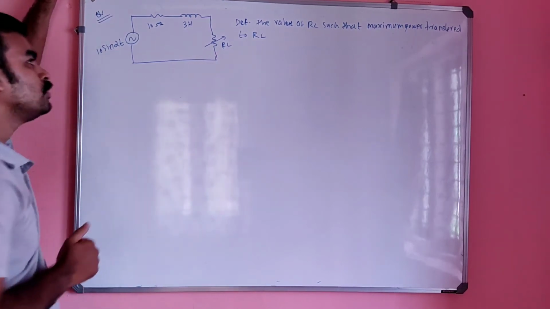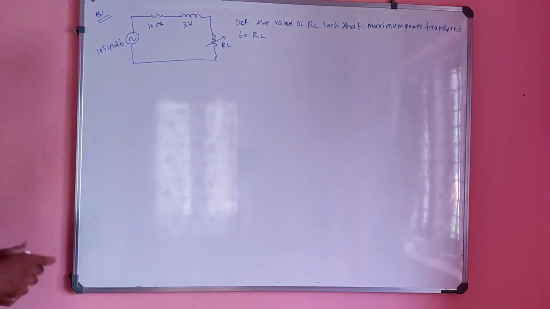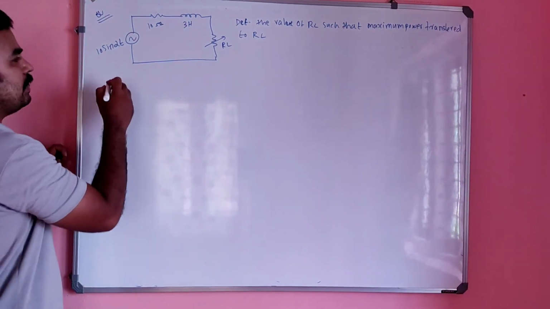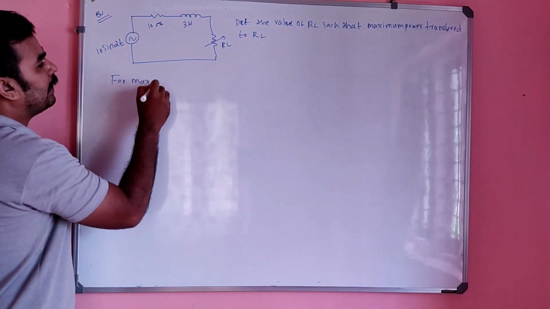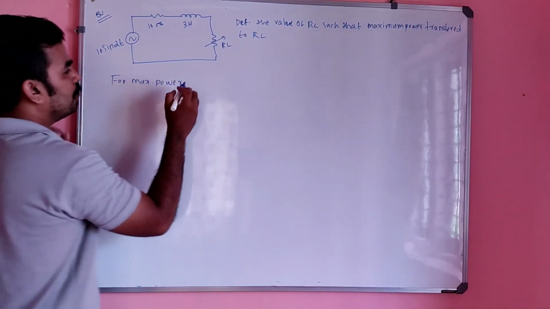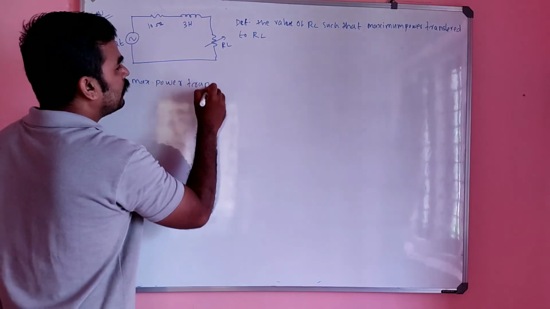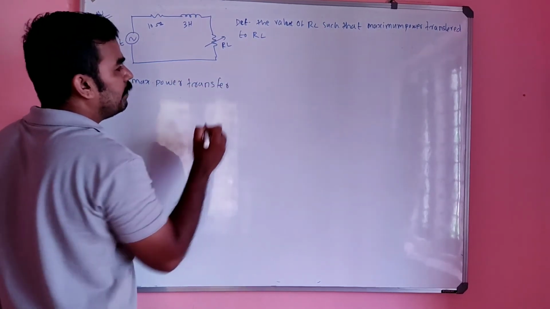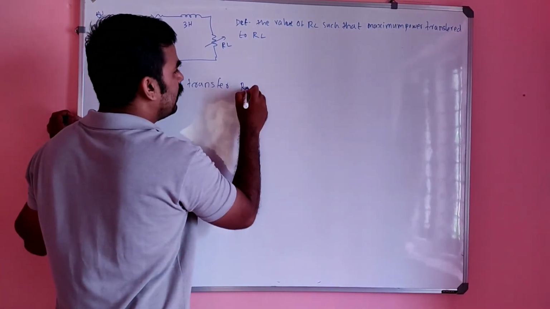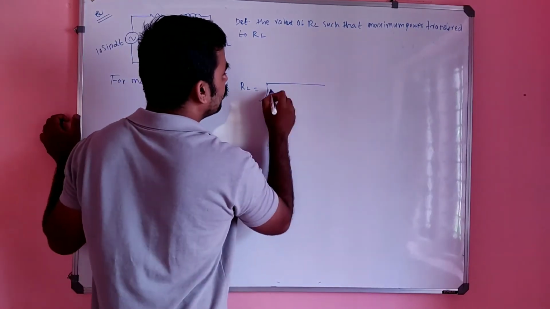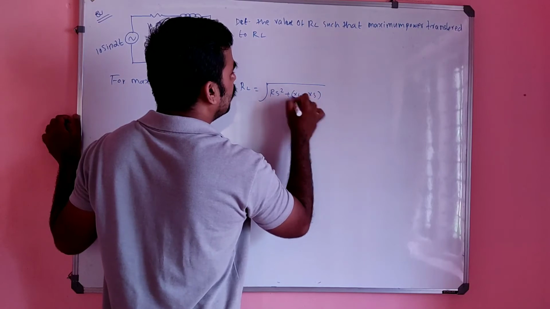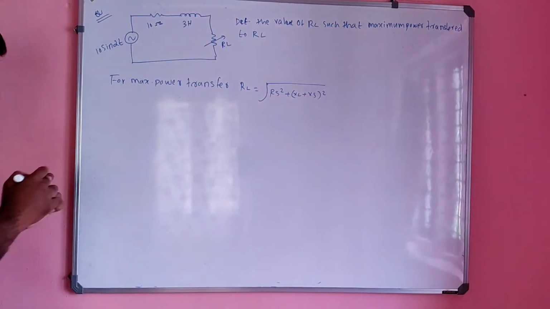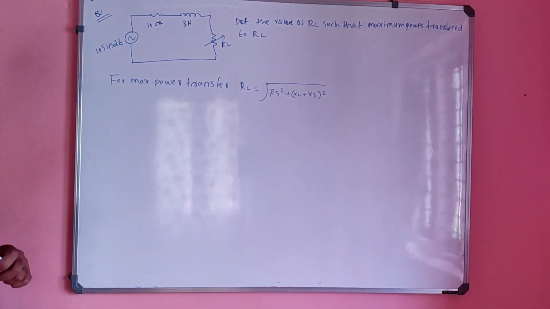So when RL is varying, RL will be equal to the root of R square plus (XL plus XS) the whole square. That is the condition. Is it clear?